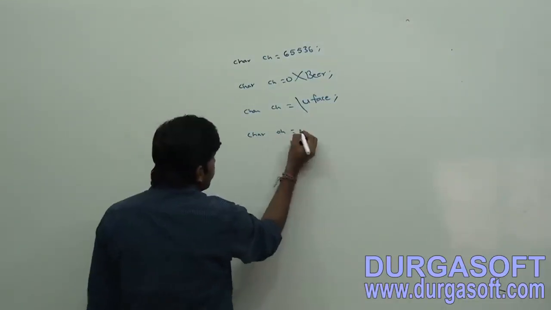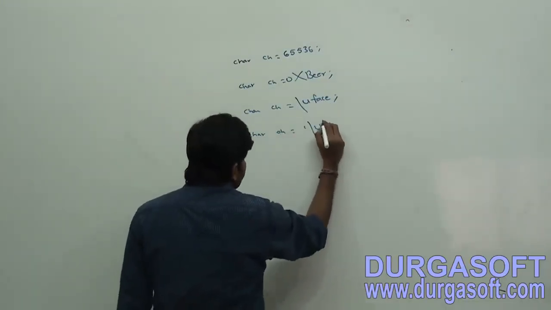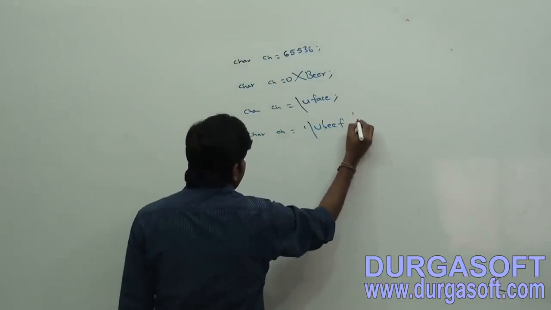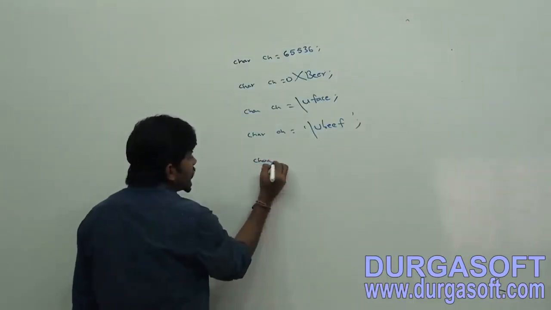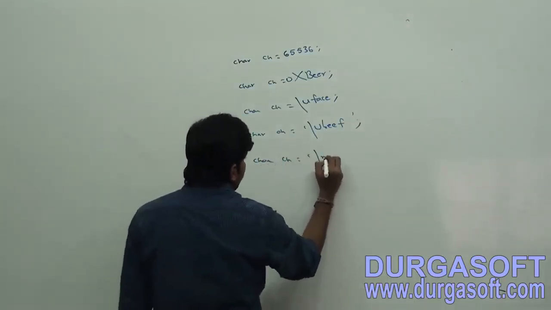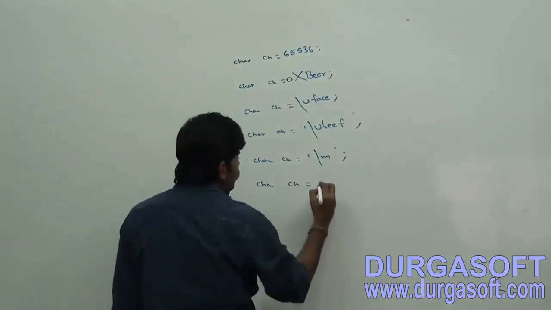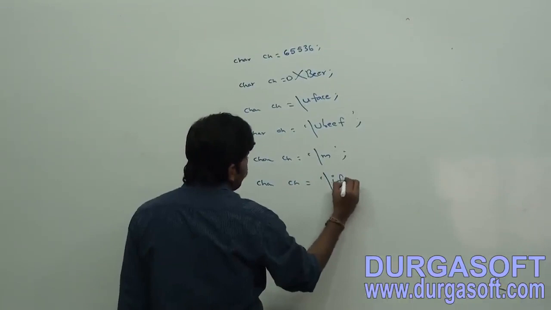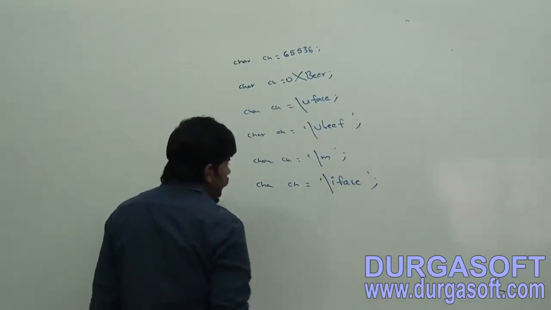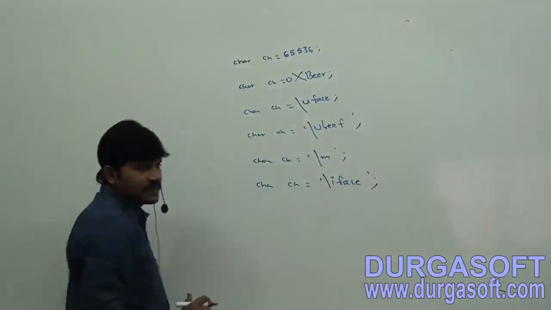Char ch = \uBEEF without quotes. Char ch = '\m'. Char ch = '\iface'. Okay, like that's all.